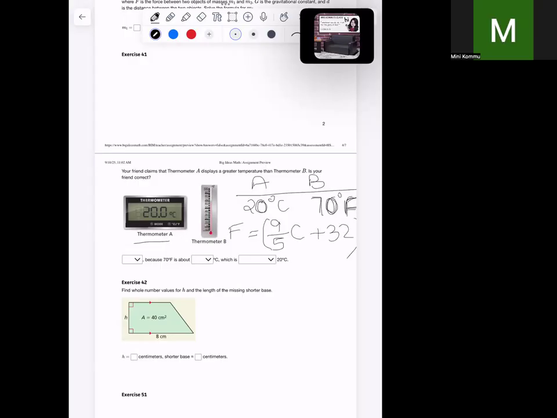But look at the question over here. They're asking you whether she is right or wrong, and then they're asking you, what is 70°F in centigrade? So that is what they are asking you to do.